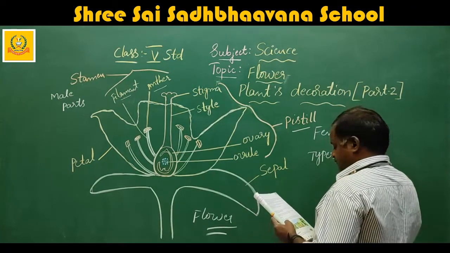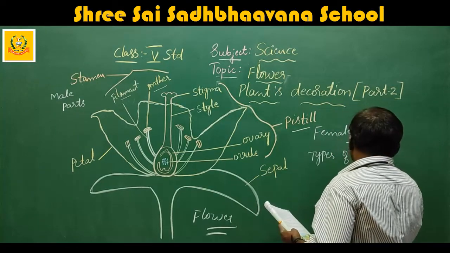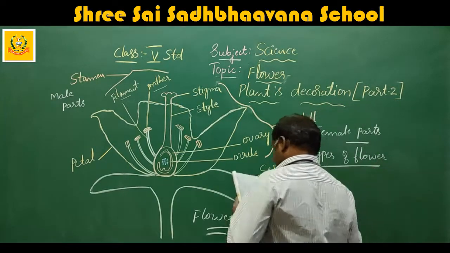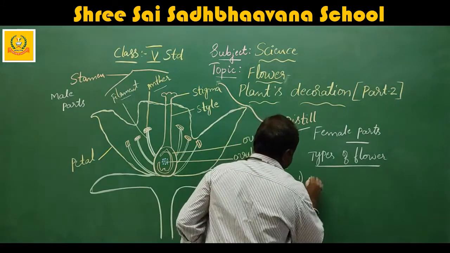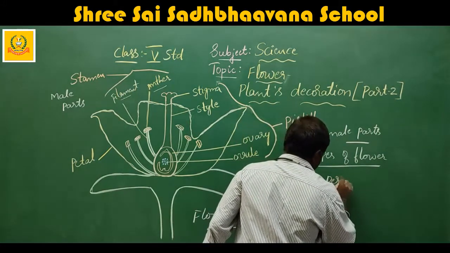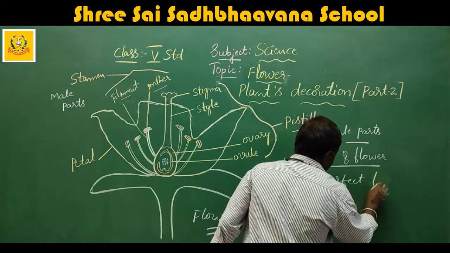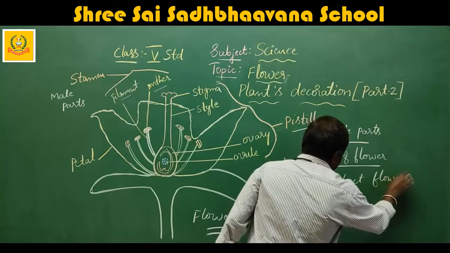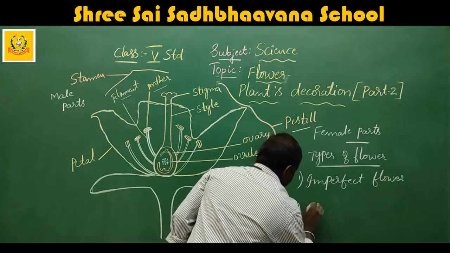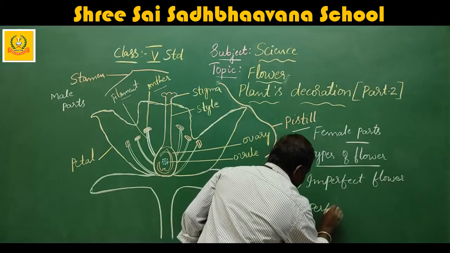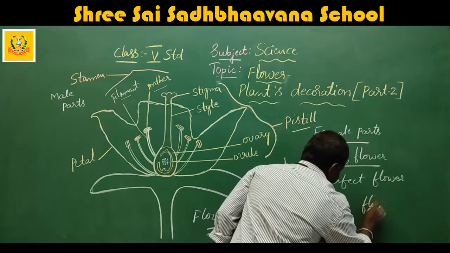So types of flower. First one is imperfect flower. Second one is perfect flower.